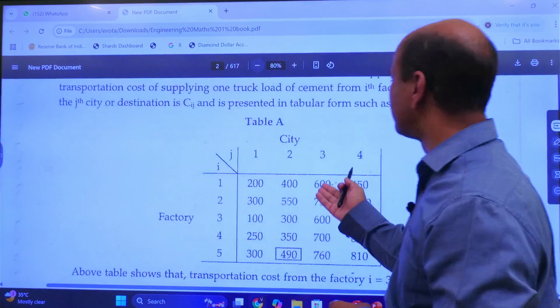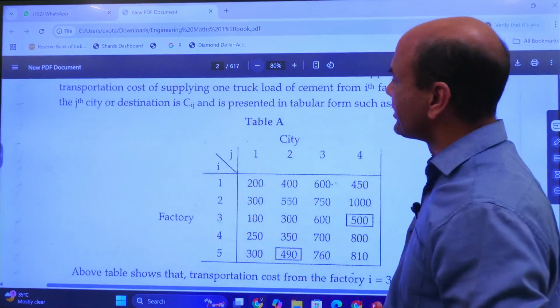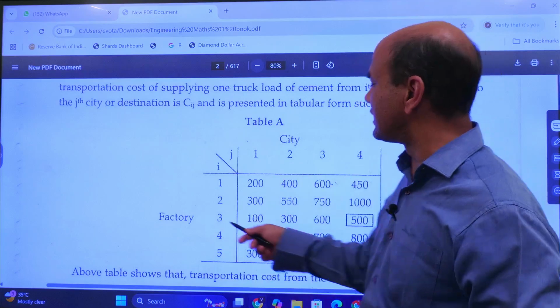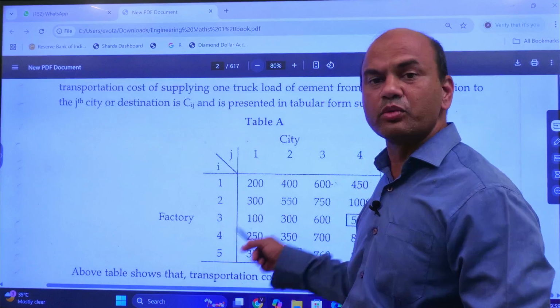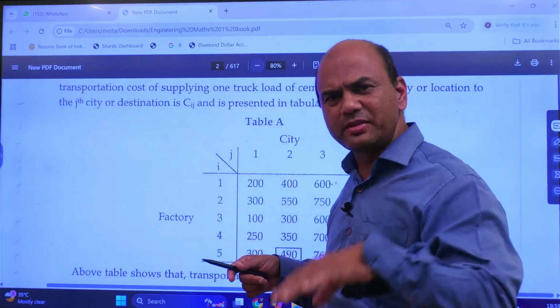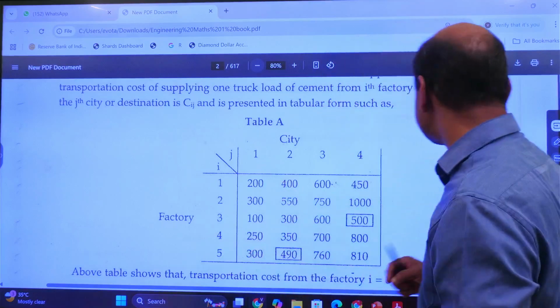See this example: city versus factory, where there are, let's say, 1 2 3 4 cities and 1 2 3 4 factories. How do you match these? You'll understand it better in the next example.